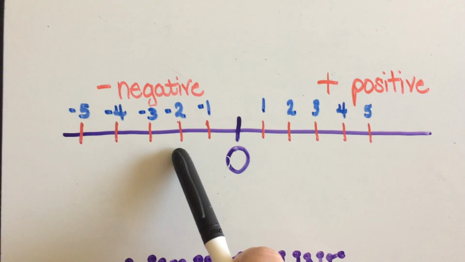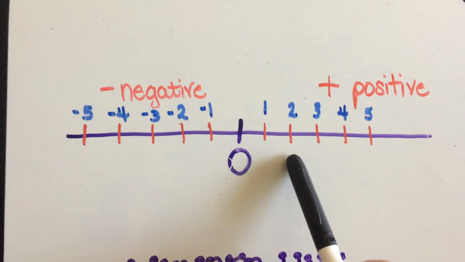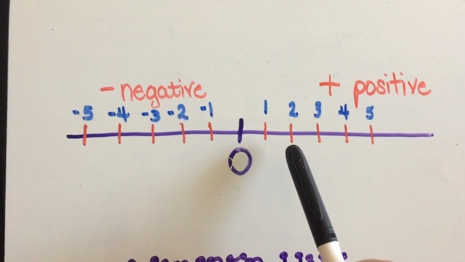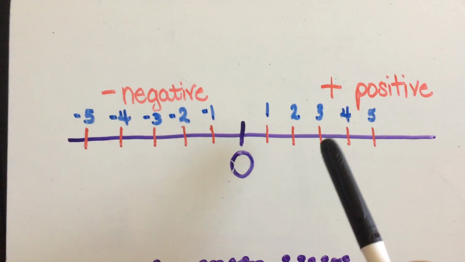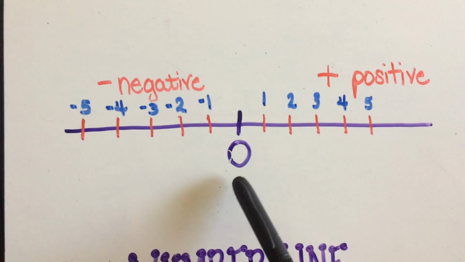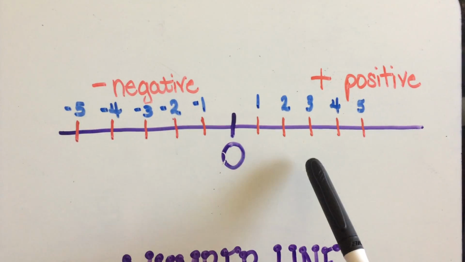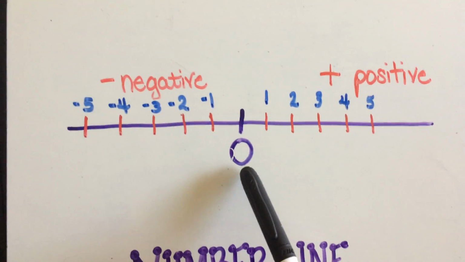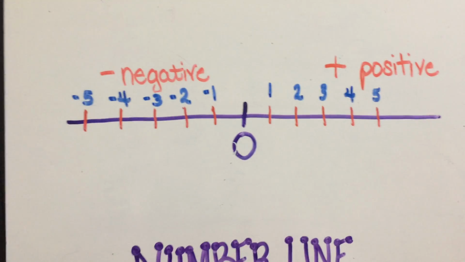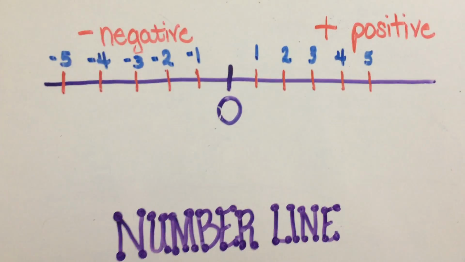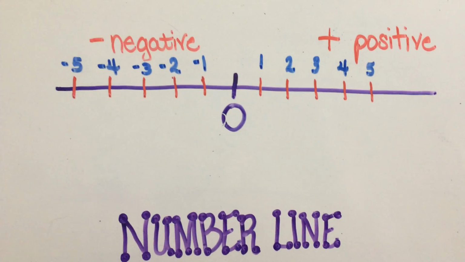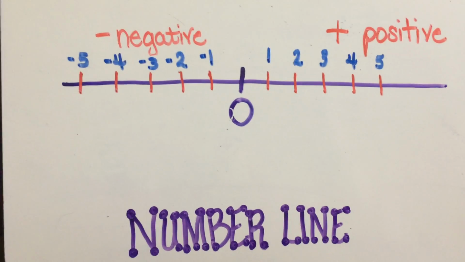You've got a -2 over here and a +2 over here. They're exact opposites. -3 and 3, opposites. But 0 is its own opposite. You will never see anyone write -0 or +0.